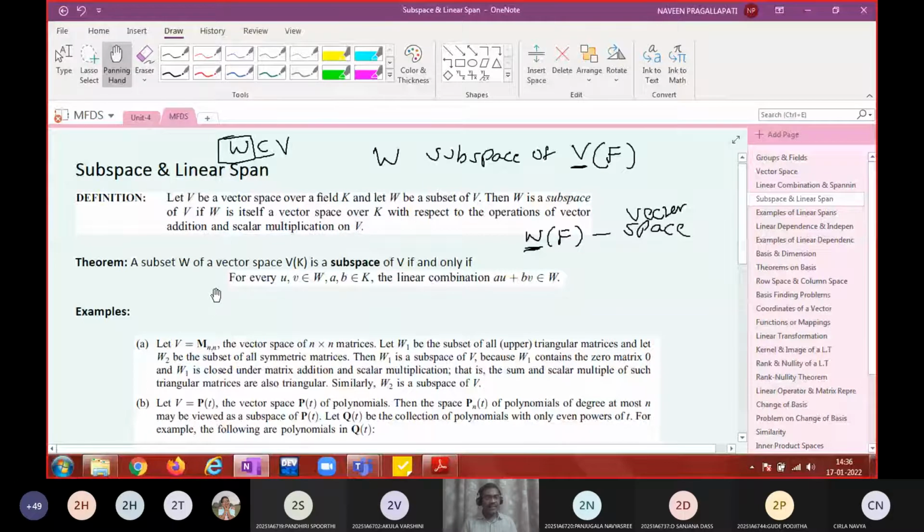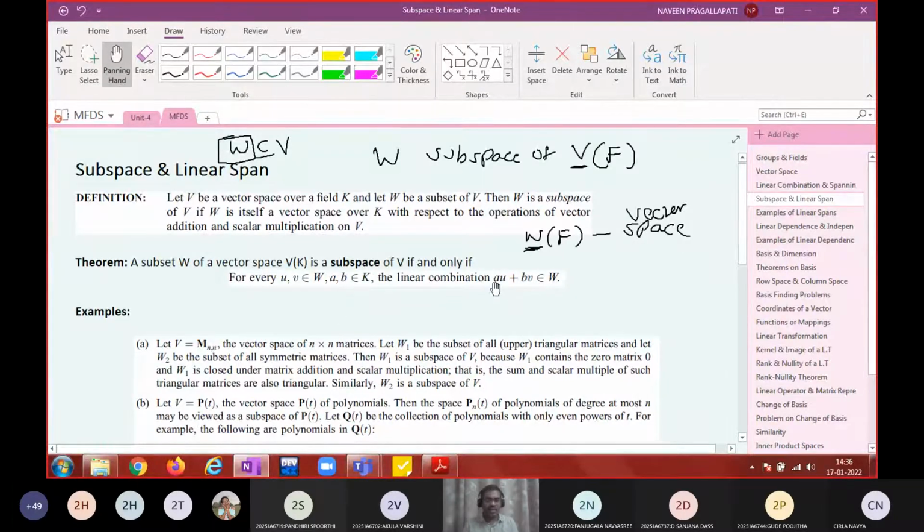And a necessary and sufficient condition to check whether a given subset of a vector space is a subspace or not is to check this condition. Okay, you take any two elements of W and any two scalars, two elements of the field. If their linear combination is also an element of W, then W automatically becomes a subspace.